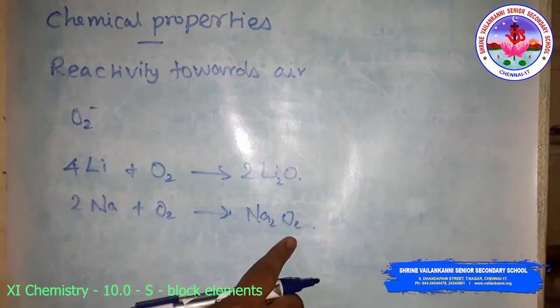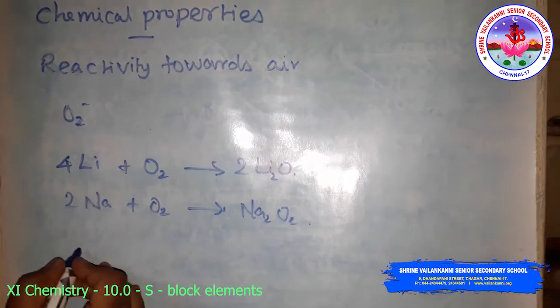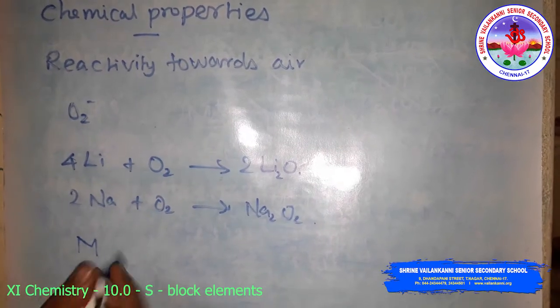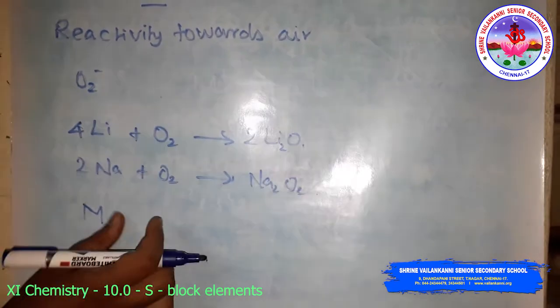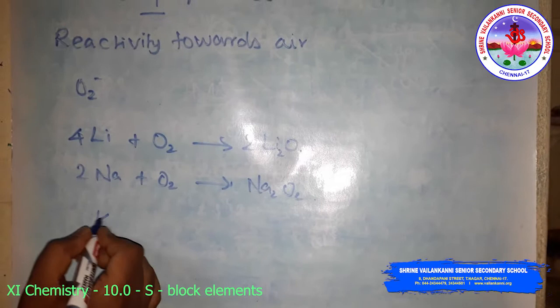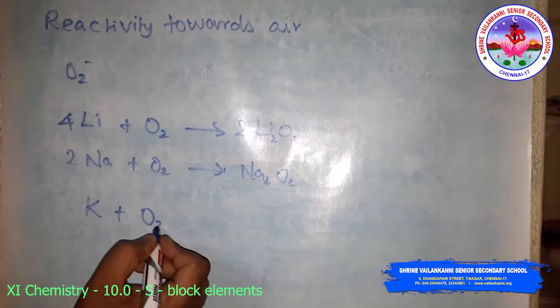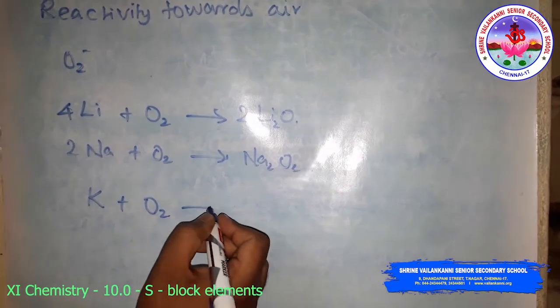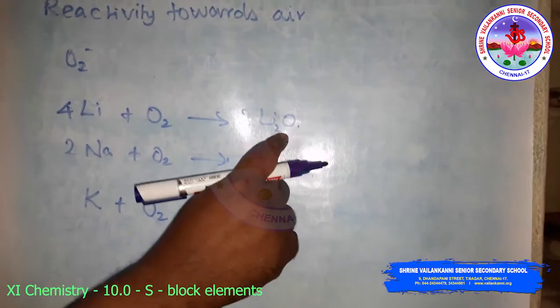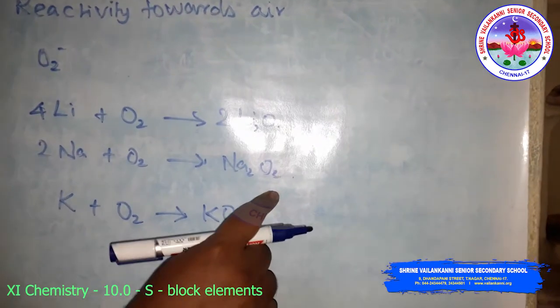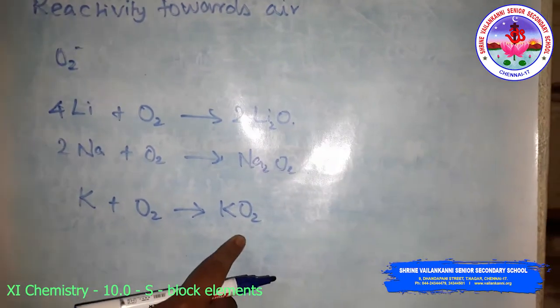Metals generally potassium, rubidium or cesium react with air, for example, potassium reacts with air to form KO2. This is oxide, this is peroxide, this is superoxide.